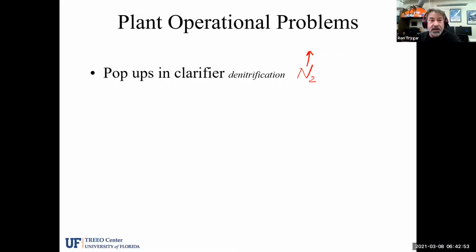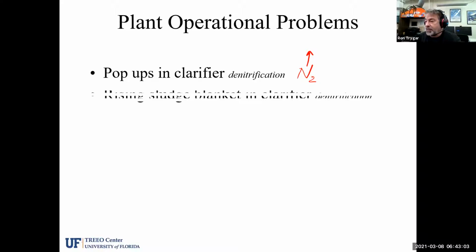And sometimes it's from a denitrification down inside the clarifier, and the actual bacteria producing nitrogen gas from nitrate. We know that sometimes the whole sludge blanket can rise up. So it's not just little pop-ups or little pieces of ash that come to the surface. Sometimes the blanket can come up, and sometimes the blanket can rise in a settleometer.